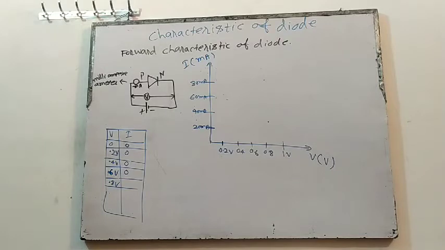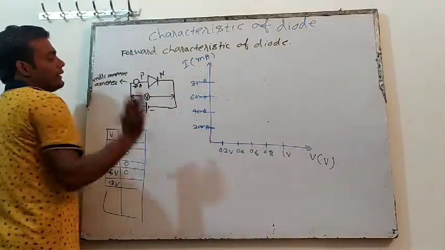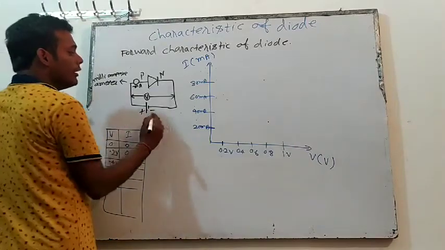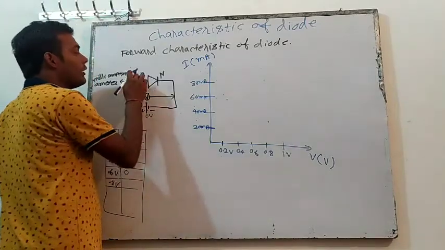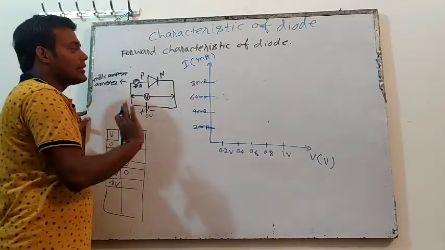So initially what I will analyze is that when I give 0.2 volt, I will not notice any current here. This is all experimental data. When I give 0 volt, I will check if there is any current. The pointer will say no current.